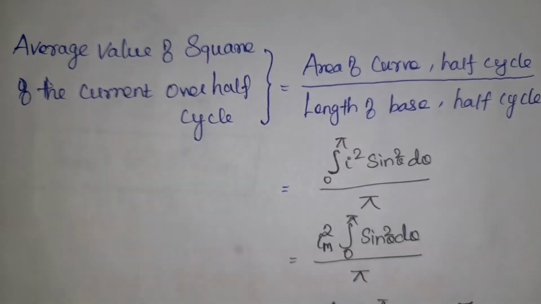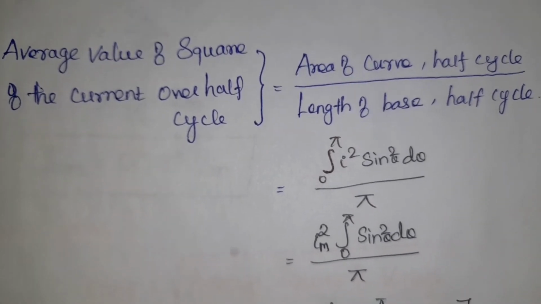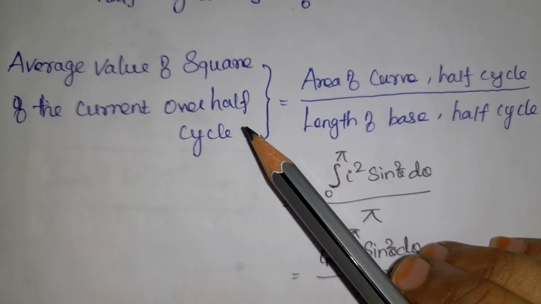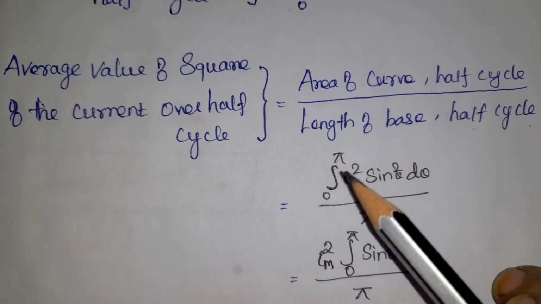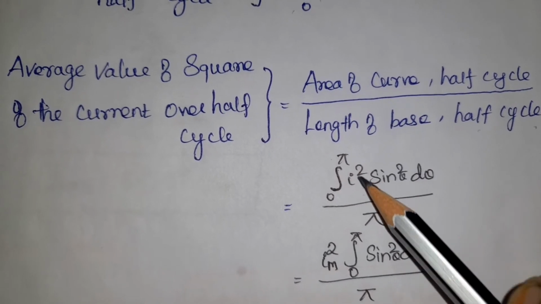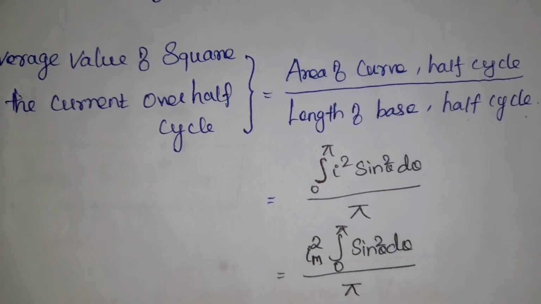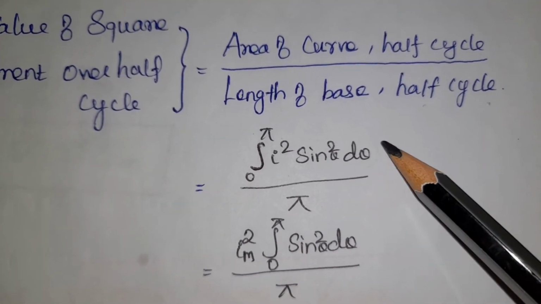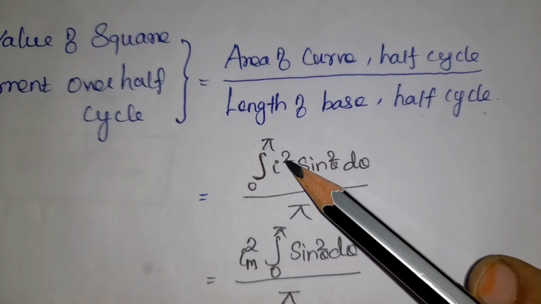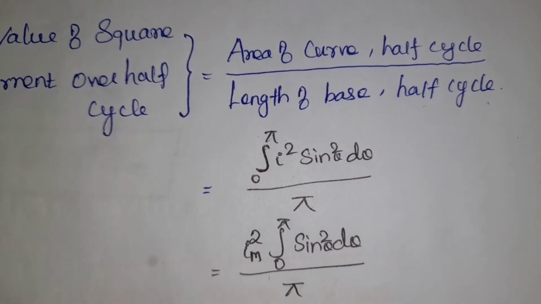So it is the integral from 0 to pi of I squared sin squared theta d theta divided by the length of the base, which is pi. In this equation, Im squared is a constant value, so we take it out: Im squared times the integral from 0 to pi of sin squared theta d theta, divided by pi.